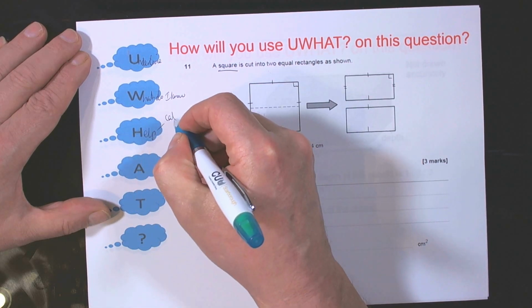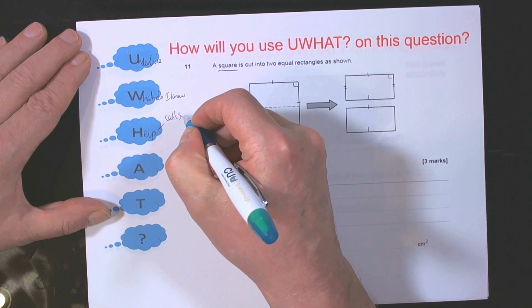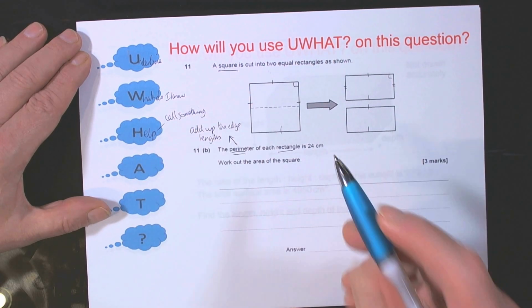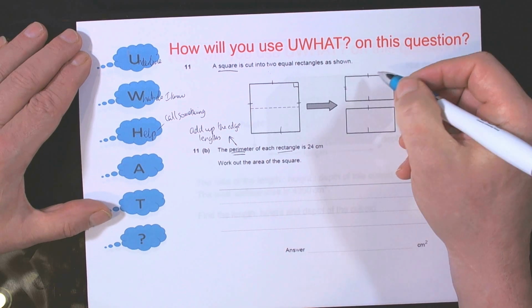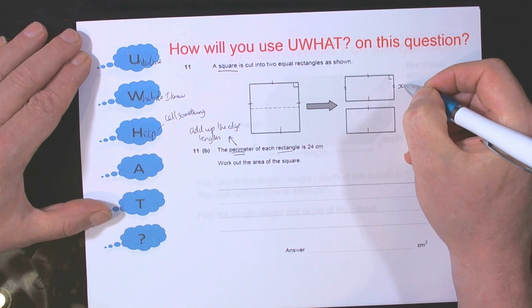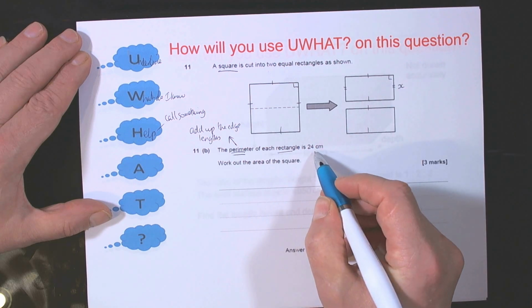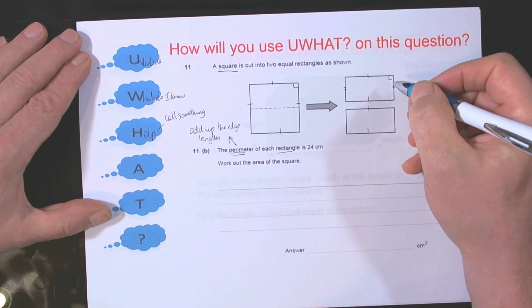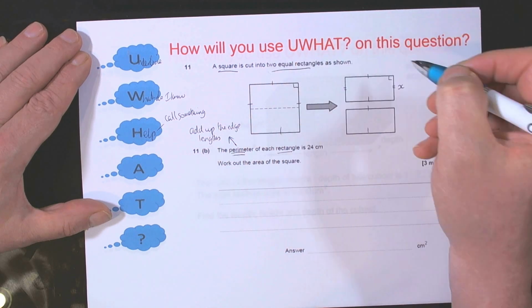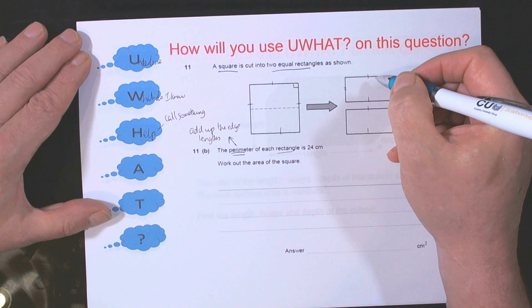So we call something x, and as this question is about perimeter, it seems sensible to call one of the lengths x. So if we call the short side x, it says the perimeter of each rectangle is 24 centimetres. And we know that we've got 2 equal rectangles.